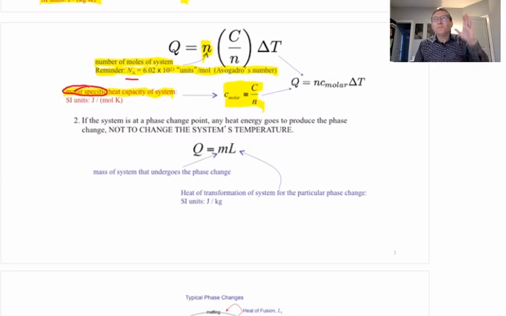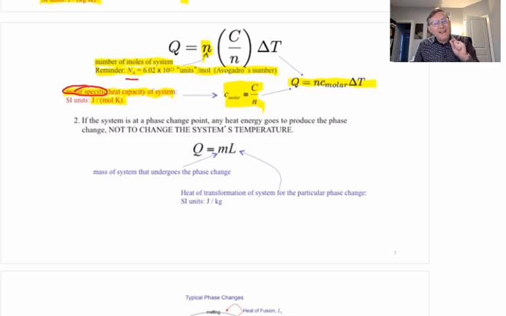And so if molar specific heat is heat capacity per unit mole, then the SI unit of molar specific heat capacity is joule per mole Kelvin. Mol is an SI unit for amount of stuff, amount of matter. And so if we use this new kind of specific heat, the molar specific heat, in the Q delta T formula, it looks like this right here.